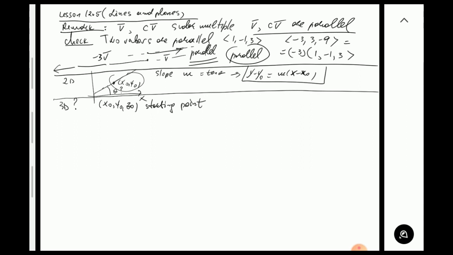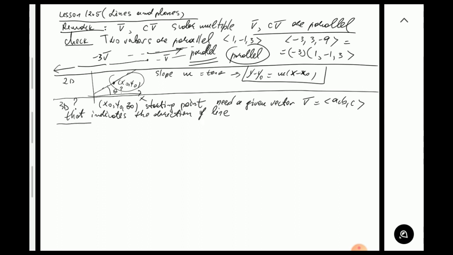So you basically need a given vector, let's call it v, of coordinates a, b, c, that indicates the direction of the line. Geometrically, this should give me enough information to derive the equation of that line.